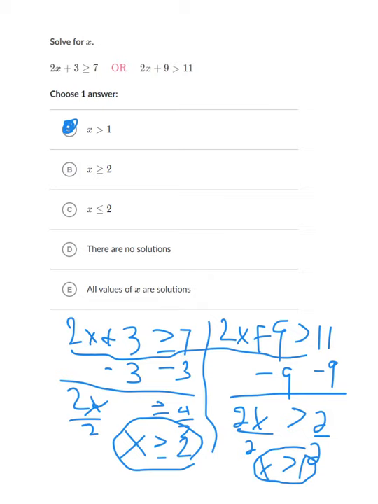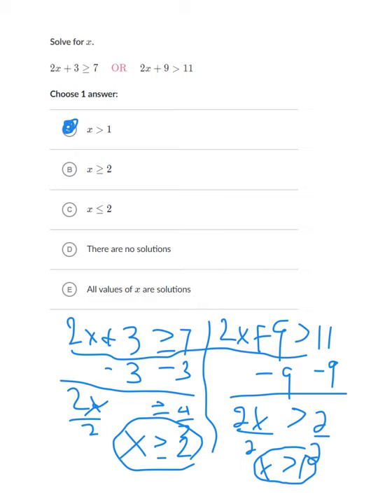And this is why. If I pick a solution that's greater than 1, say 1.5, it's going to work here, but it's not going to work here. If I pick a solution 4, 4 is greater than 1, it's not going to work here, but it is going to work there.